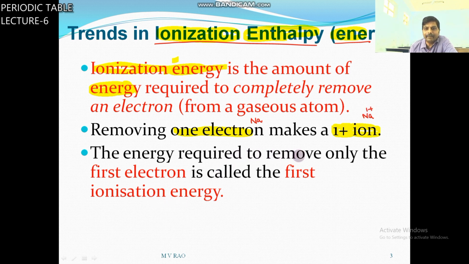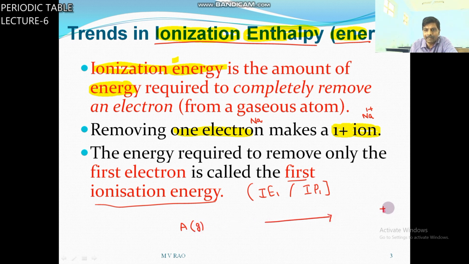The energy required to remove only the first electron is called first ionization energy, IE1 or IP1. So if you take A, which is in gaseous state, and you remove one electron from A, it will become A plus (g).